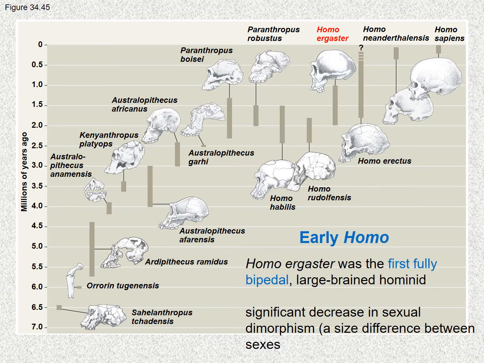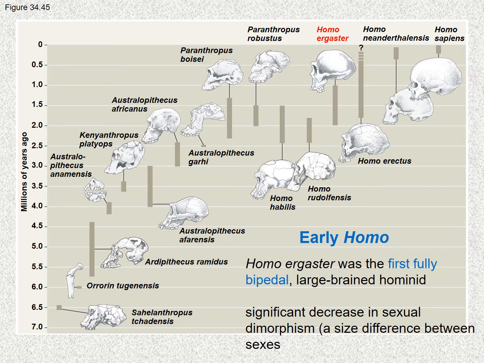Early Homo ergaster was the first fully bipedal. Okay, so this is where bipedalism is thought to be fully present. And it has a large brain, so you can see the skull, a very large brain here. There's a significant decrease in the sexual dimorphism at this point.